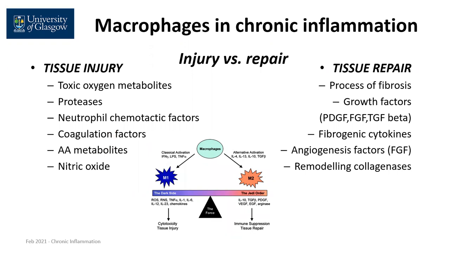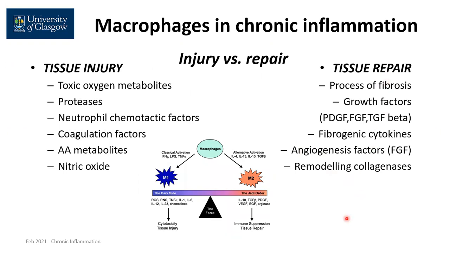And then on the other hand, you have your M2 macrophages, which can drive the process of fibrosis. This is something we'll talk about in the next lecture, where basically you have fibroblasts that can synthesize extracellular matrix and collagen, which makes up the connective tissue. So basically driving this formation of new tissue.